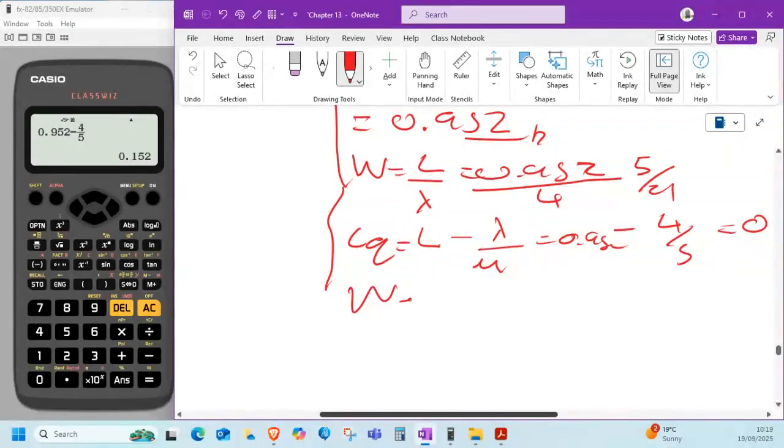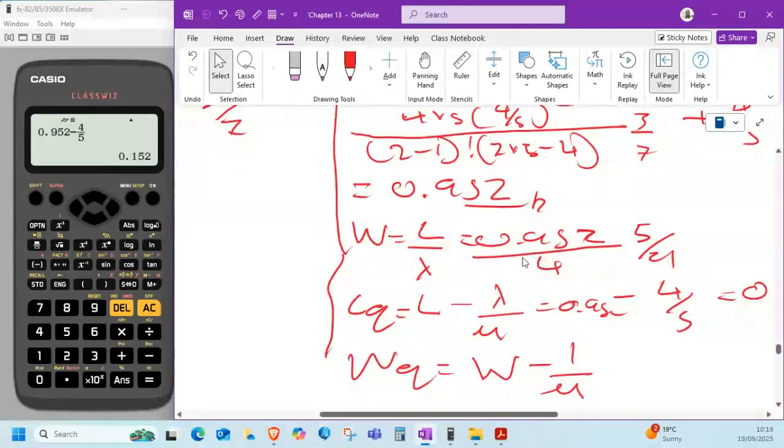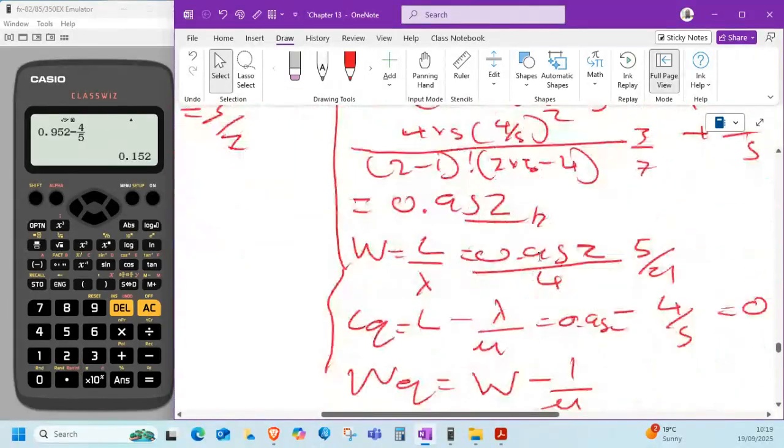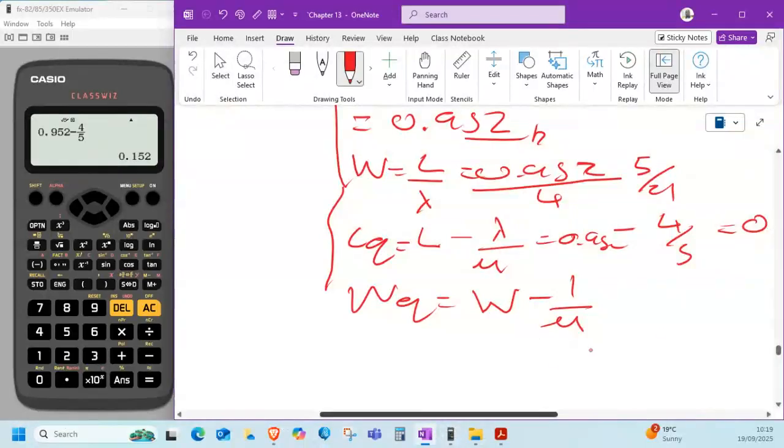Now WQ is equal to W. I didn't need to calculate everything because there's a formula for W. I should have just taken the W there, this one, instead of doing the Q first. So the W is equal to 5 over 21 minus 1 over 5.